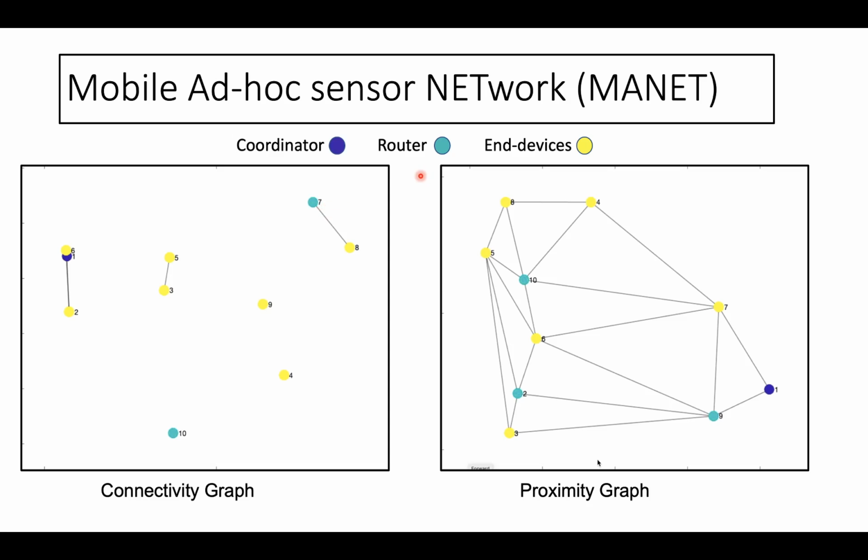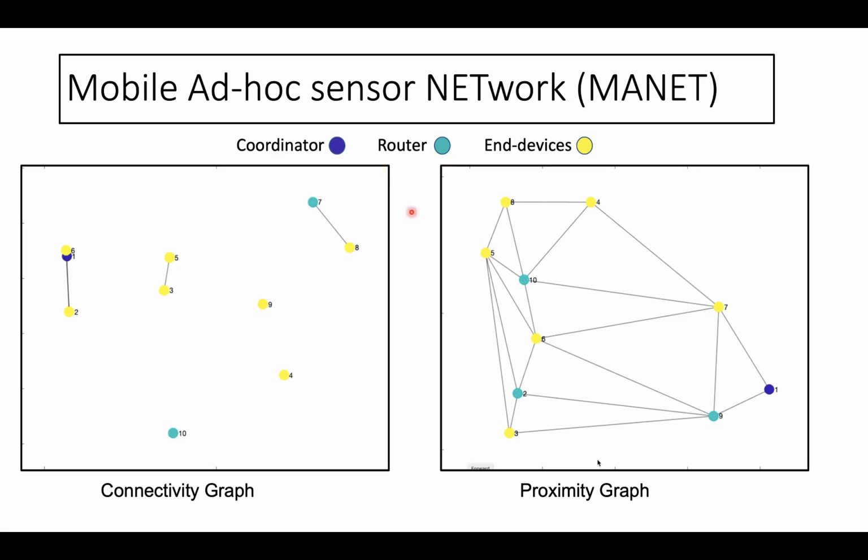So in this system we have three different types of sensor. There is the coordinator, which is represented here in blue, and it is the unique node responsible for initializing the whole network. After this, it behaves as a router.